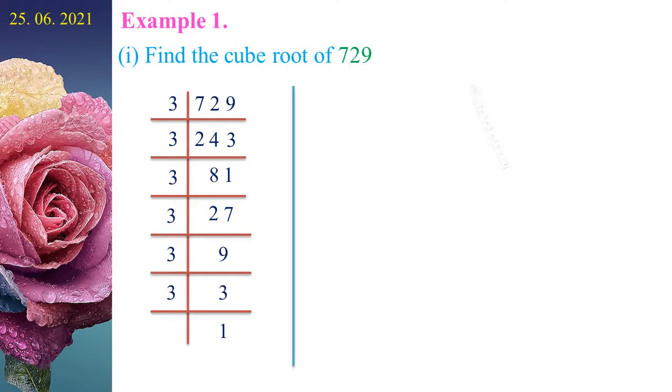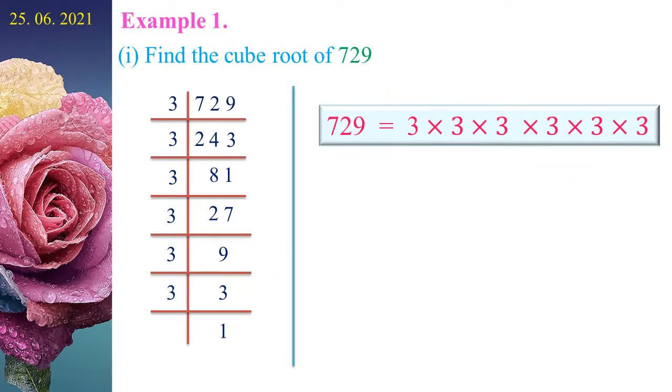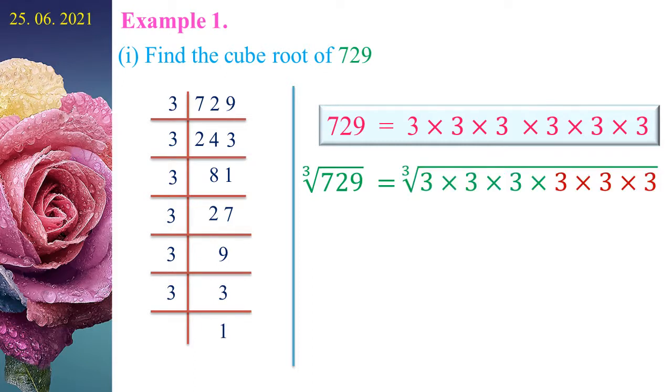The prime factors of 729 is 3 into 3 into 3 into 3 into 3 into 3. Cube root of 729 equal cube root of 3 into 3 into 3 into 3 into 3 into 3.